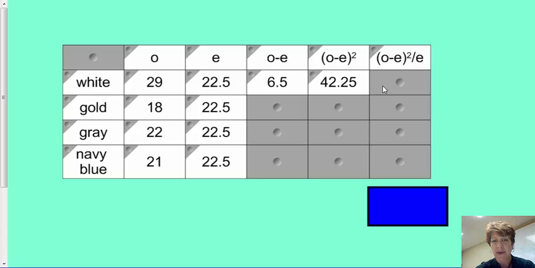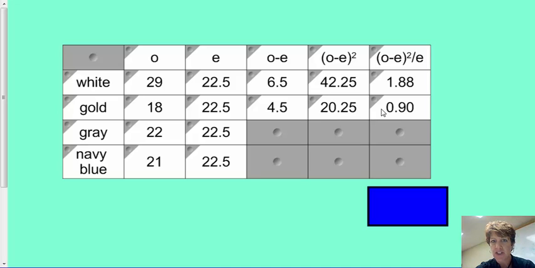When I divide that by 22.5, I got 1.88. For gold, the difference is 4.5, which squared is 20.25, which over 22.5 is 0.9. For the next one, that's only 0.5 of a difference. It's very close to what was expected, which gives me 0.25, which gives me 0.01.